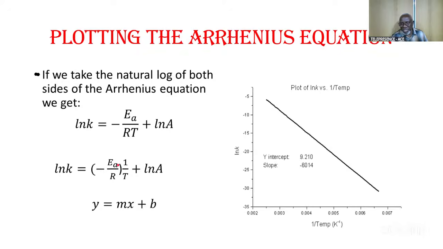So from this graph, we can get the activation energy. This is how Arrhenius was able to find the activation energy, the minimum energy that is required for any particular reaction to take place.